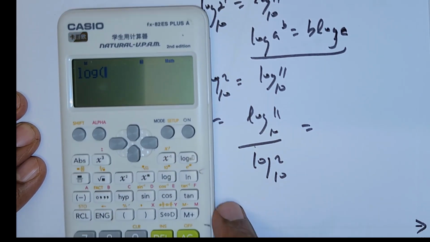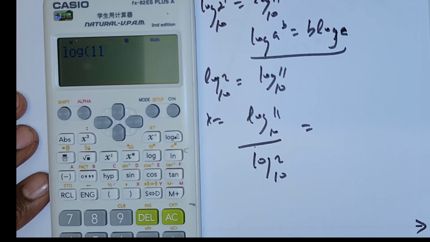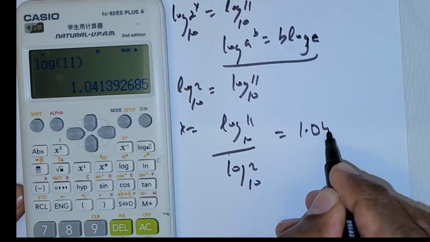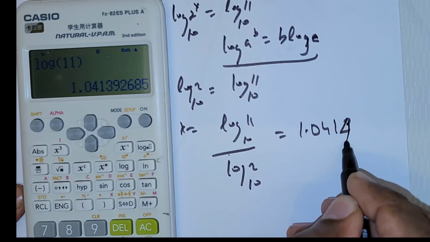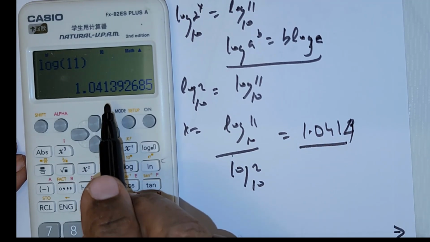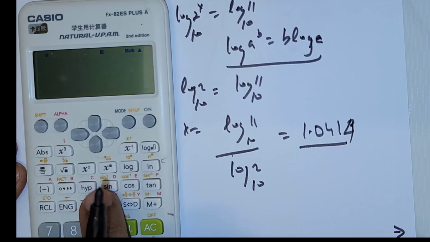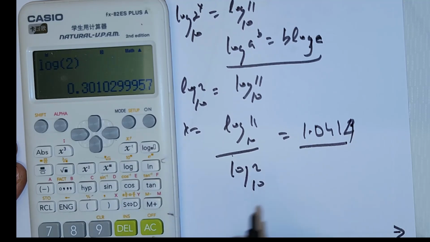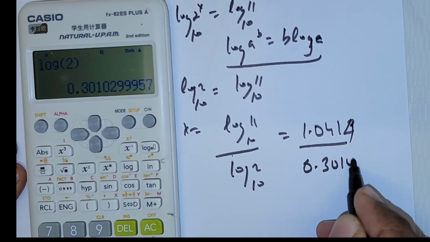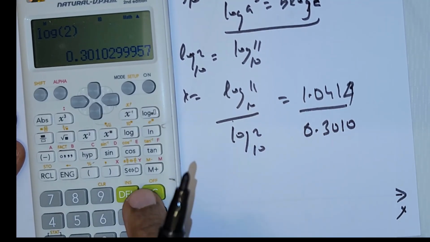So log 11 is 1.0414. I'm going to take it as 4 decimal places, and log 2 is 0.3010.